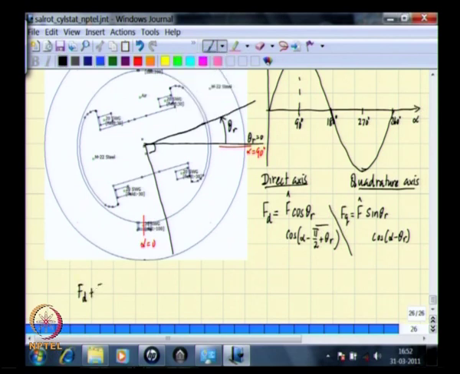Fd plus Fq is then equal to f hat cos theta r cos of alpha minus pi by 2 minus theta r plus f hat sin theta r cos of alpha minus theta r.